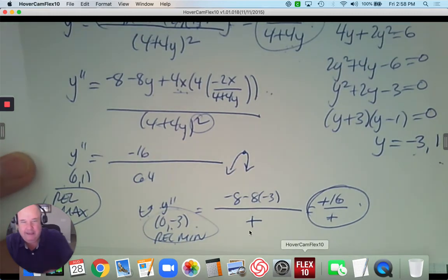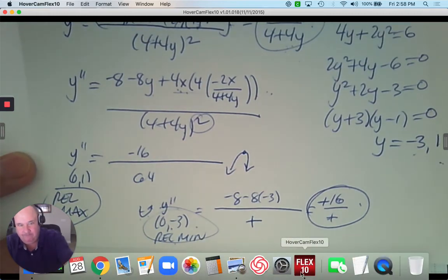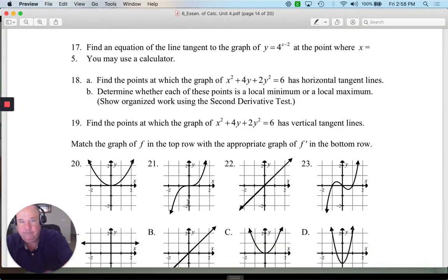Now the second part to it. The first part has to do with horizontal tangents and using the second derivative test. We did that. I'm going to squeeze 19 in right here because 19 says vertical tangent lines.